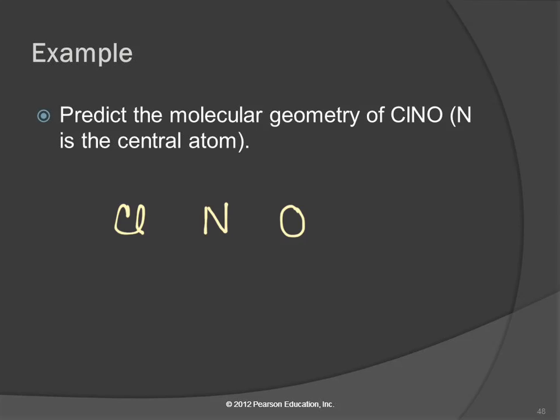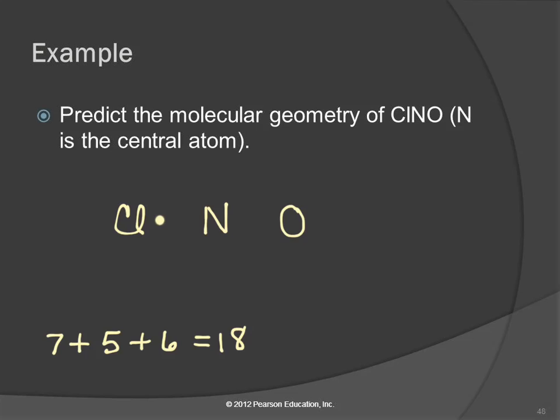It doesn't really matter what side I put them on. What was the next thing we needed to do when we did Lewis structures? How many electrons? So how many valence electrons does chlorine have? 7. And nitrogen has 5, and oxygen has 6. And so that adds up to 18. So we have 18 valence electrons.